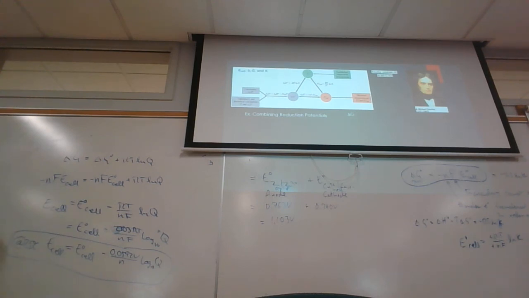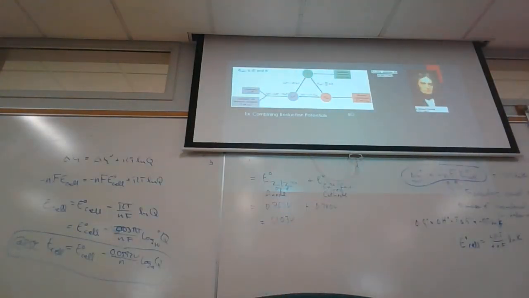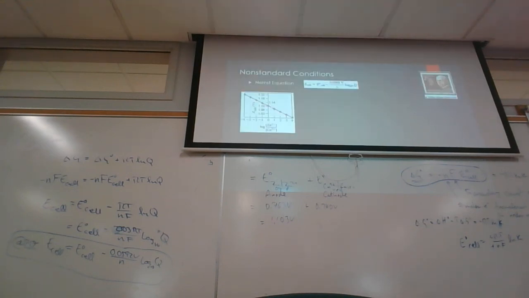And the Nernst equation allows us to calculate the cell potential under non-standard conditions. And what we see is this: as the concentrations change, so does the cell potential.